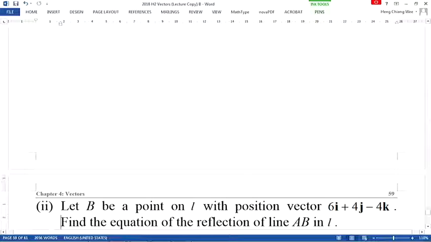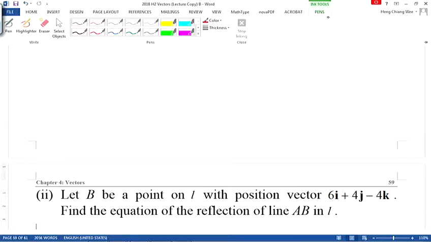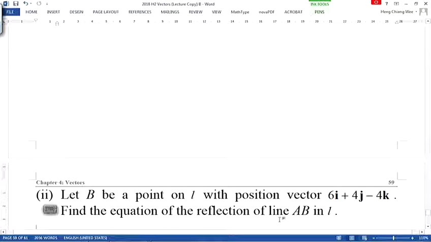Next, let B be a point on L with position vector (6, 4, -4). The question says to find the equation of the reflection of line AB in L. So L, in this case, is your mirror line.